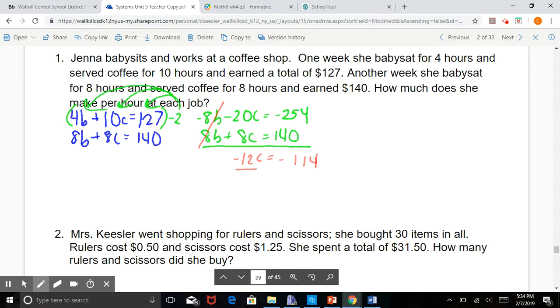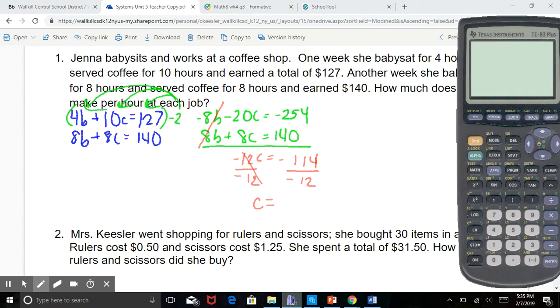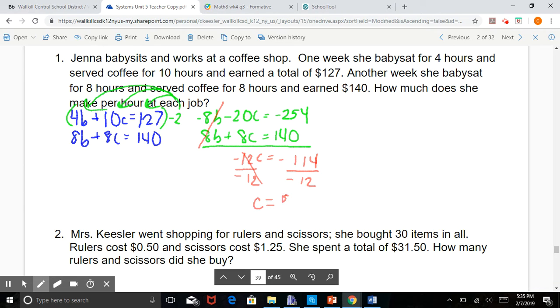Then we divide by negative 12 and divide by negative 12, giving us C equals $9.50. So she makes $9.50 per hour at the coffee shop.